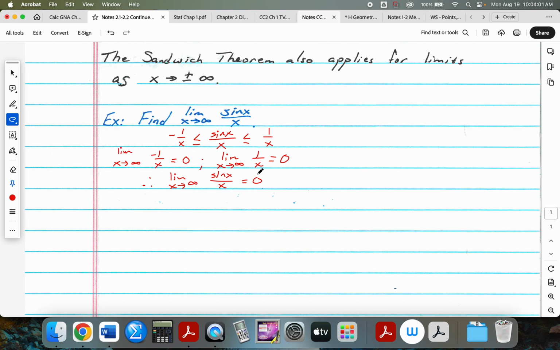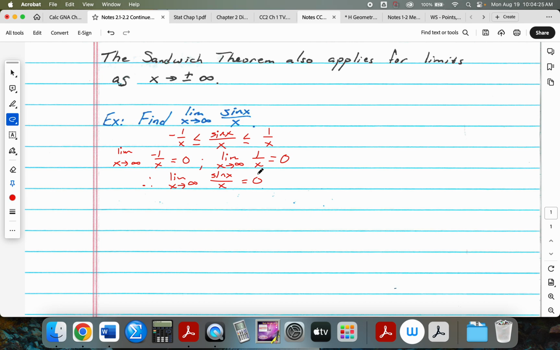For our purposes, if you got a problem like this on a test or a quiz and it said find this limit and you showed no work whatsoever, that would be fine with me. Because I look at that and I go, okay, sine always has finite values. Something finite over something infinite is going to go to 0.